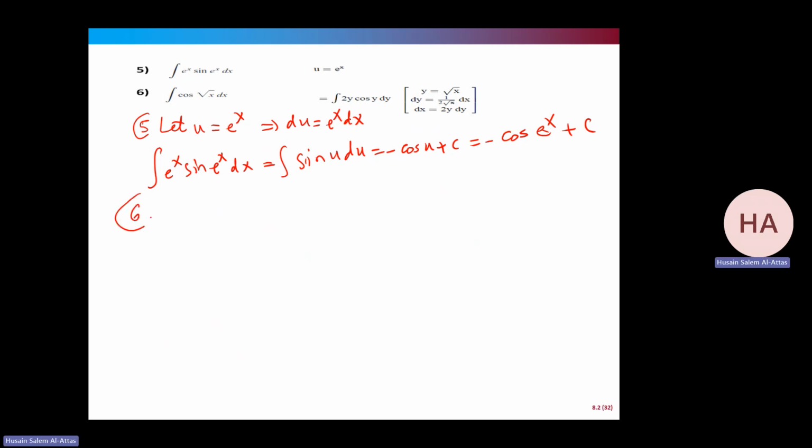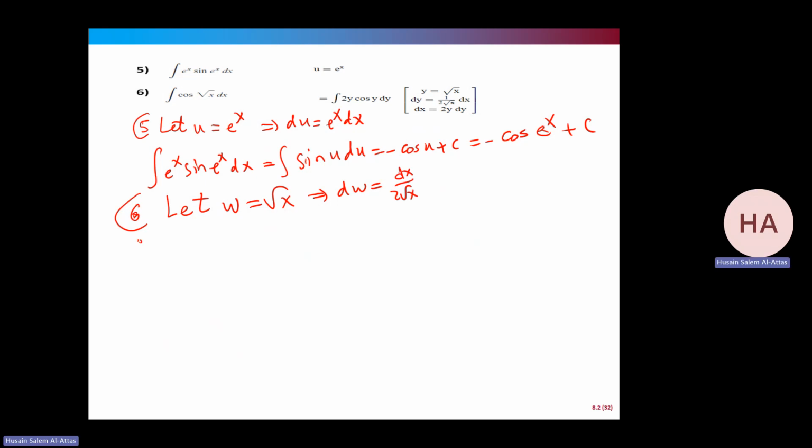The last one, as I said, I need to do it two times in two ways. Let w equal square root of x. So dw will be 1 over 2 square root of x dx.